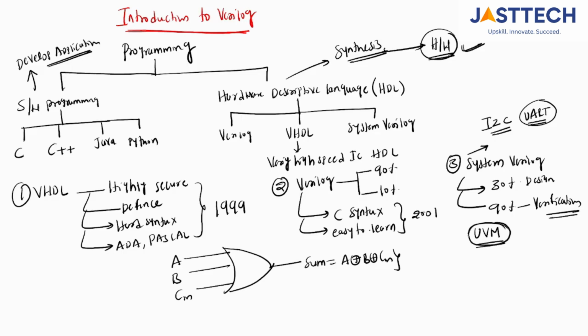This is not a language, this is a methodology. You use SystemVerilog in UVM, and once you have written the test bench for one design, with some modifications you can write the test bench for UART. That is the standardization. Any company will write the test bench using UVM.